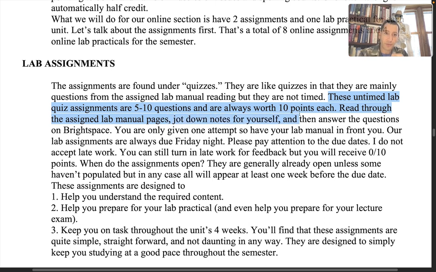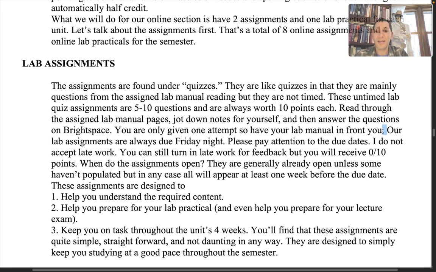Jot down some notes for yourself, and then answer the questions on Brightspace and move on. You're only given 1 attempt, so have your lab manual out in front of you. It's not timed, but I'm only going to give you just 1 shot. I don't want you to just click, and then, oh, I didn't do well, and keep going. All right, so you're only given 1 attempt, but it's not timed.